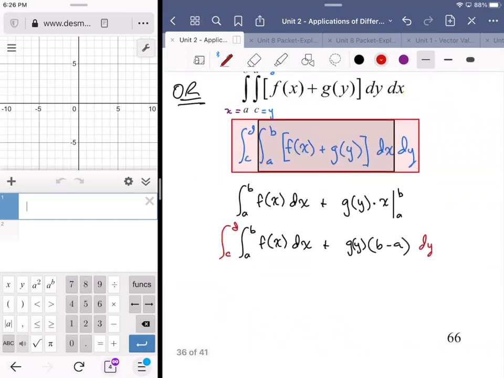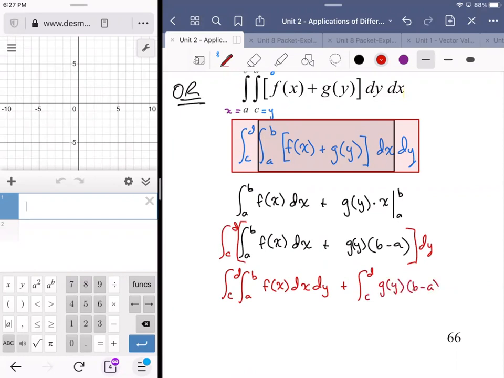All right. So we get our double integral, c to d, a to b, f of x dx, then dy, plus the antiderivative from c to d of g of y times b minus a dy. And then, you know, just pull out the b minus a and you're done.